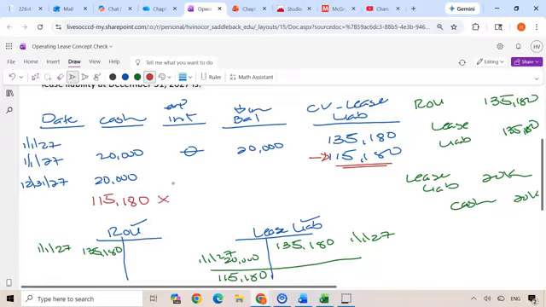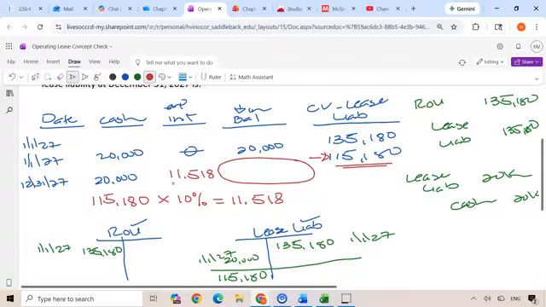And we're told that our interest rate is 10%. So that equals $11,518. So our interest here is $11,518, which means that our decrease in our right-of-use asset and lease liability is the difference, and that number is $8,482.